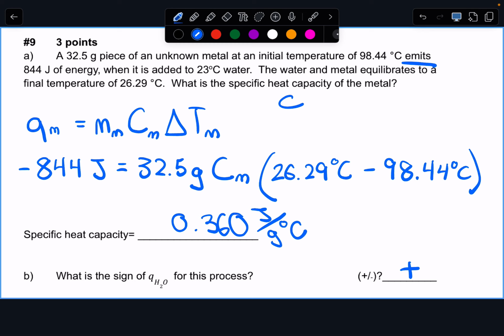And this is really the key for finding the answer to question B, because if one thing is emitting heat, the other thing has to be absorbing it. There's always an exchange of energy. It doesn't just go away. So if the metal gives it off, the water takes it, and that's why it's positive. This relates back to the concept that you can do this for energy.